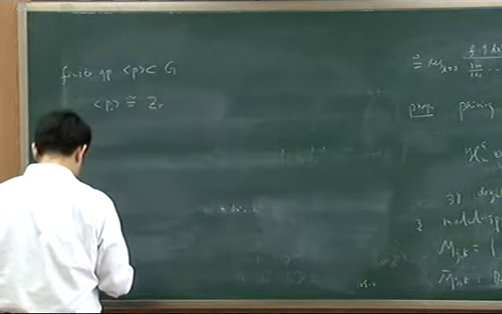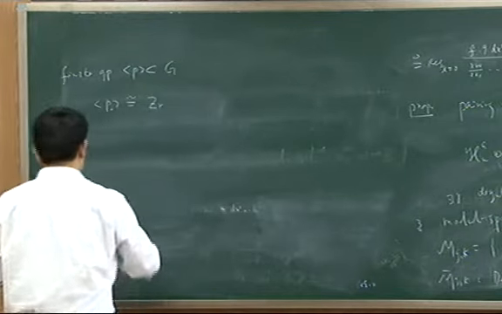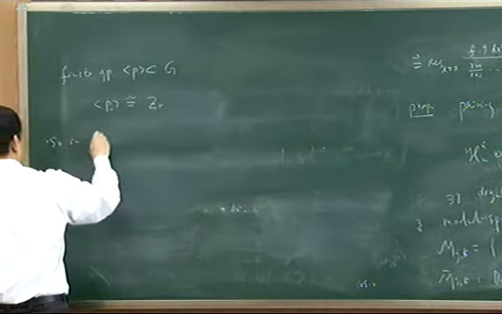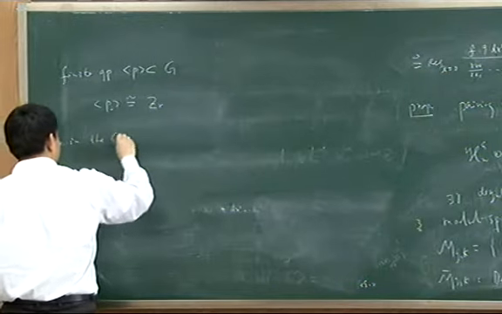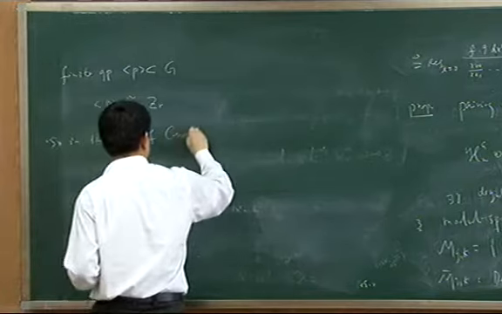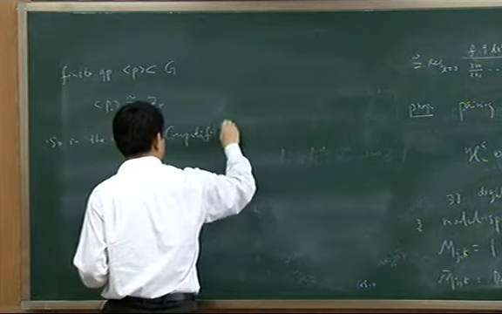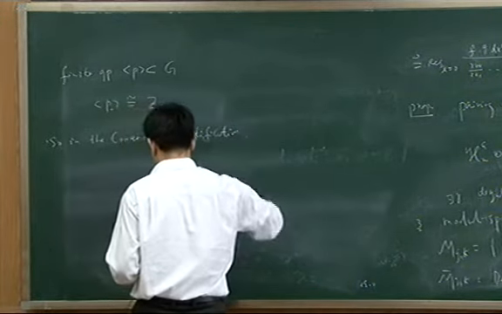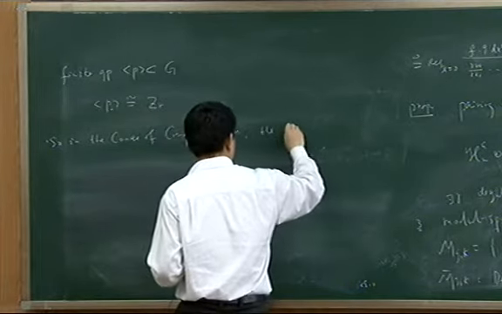So in the course of compactification, the orbifold structure occurs.